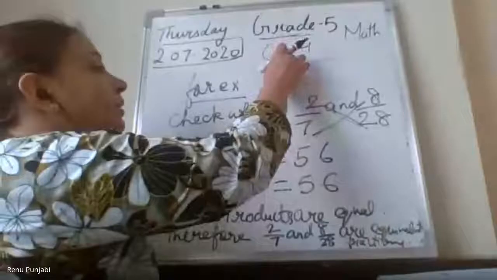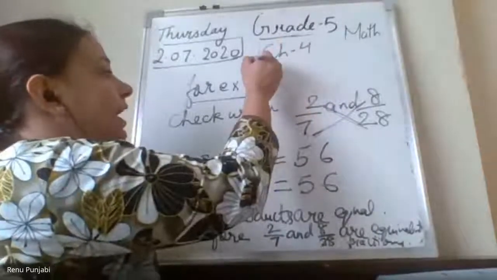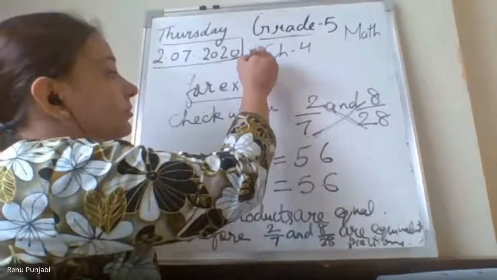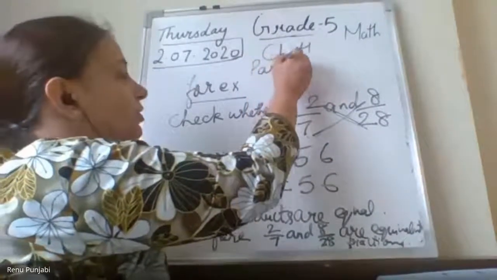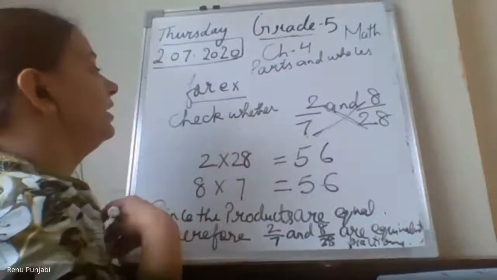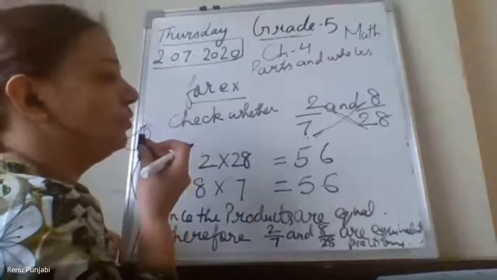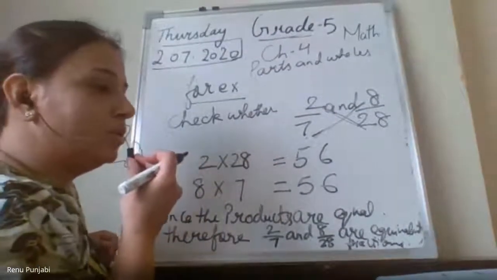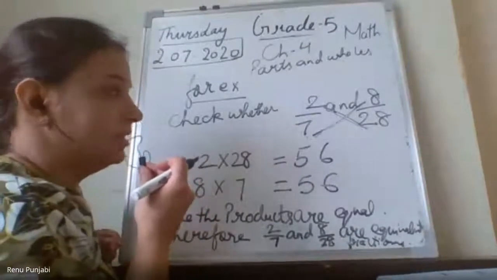Okay. Chapter number 4, write the chapter number 4, write the chapter name, parts and wholes. Why is everybody talking at one go? Ma'am, I have drawn the box. If you are comfortable with it, it's okay. Write today's date, chapter number 4, chapter name parts and wholes, the way you do in your class.